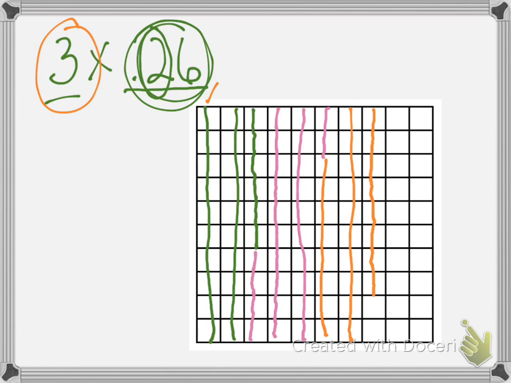So here we have 10, 20, 30, 40, 50, 60, 70. So that's 7 tenths right there. Each row is a tenth. So there's 7 tenths, and how many hundredths? 1, 2, 3, 4, 5, 6, 7, 8. So we have 78 hundredths. So 3 times 26 hundredths, the product is 78 hundredths.